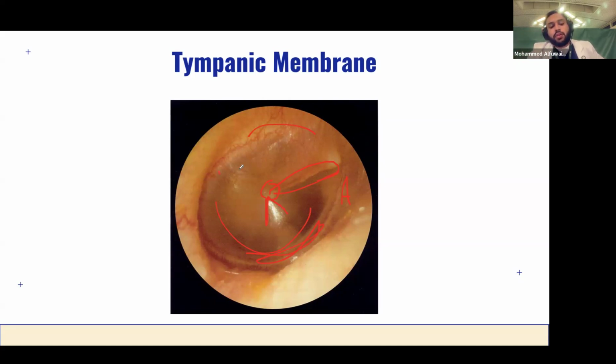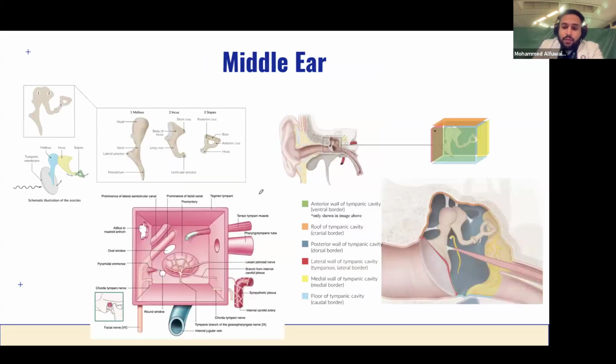Another thing is there's an important nerve lying over here. What's this nerve over here? Chorda tympani. Excellent. Good. Chorda tympani. Why is this important? As I said, anything affecting the ear could cause facial nerve paralysis. So here in this case, it can affect the taste. Good. Now we go into details of the middle ear.